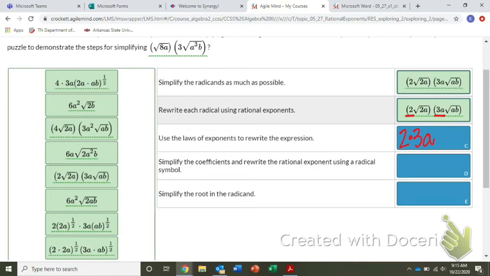Then we're swapping to the exponents. What kind of power am I going to have? And I have a half, because it's taking the square root. So this goes, let's see, where's it at?